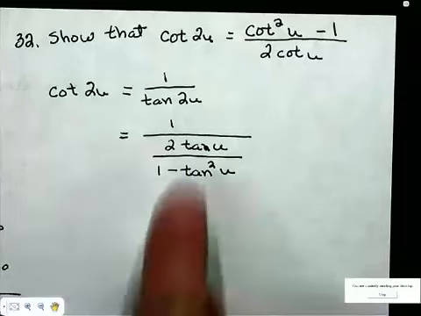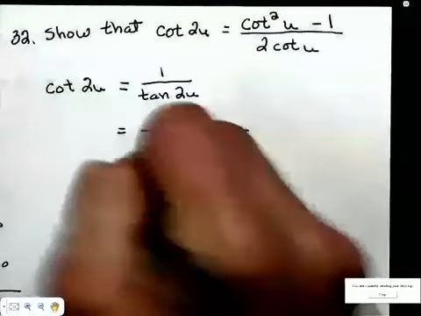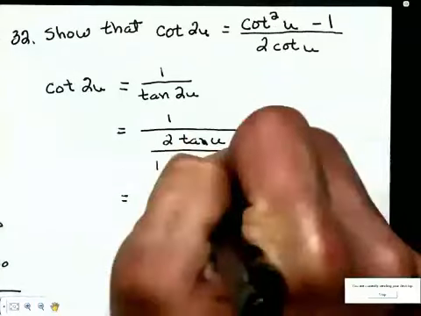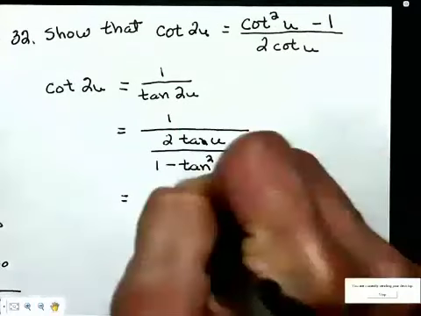What does 1 over a fraction do to the fraction? Yeah, just take the reciprocal. That would be 1 minus tangent square u over 2 tangent u.